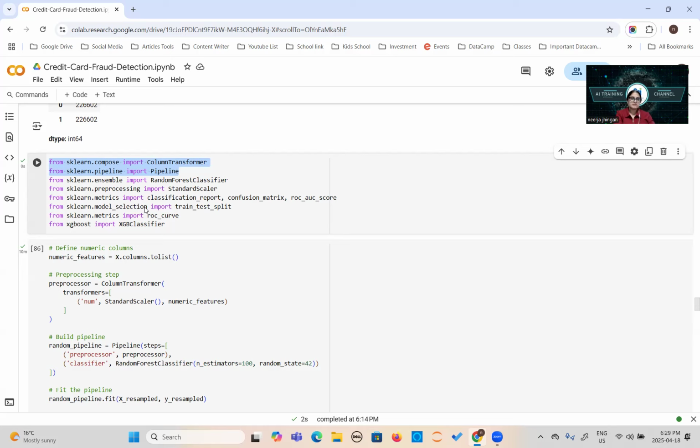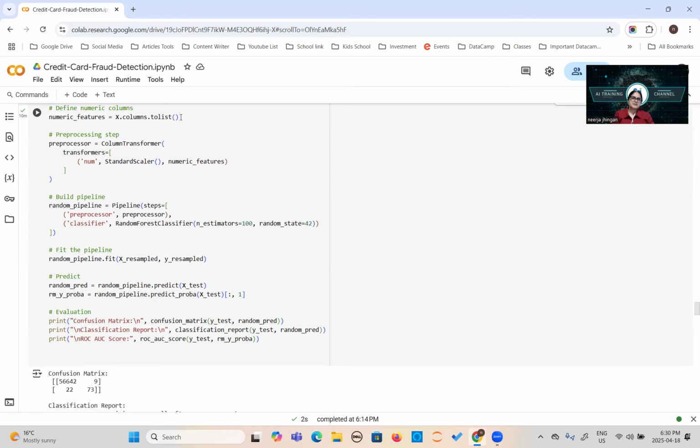Sometimes your numerical data is in different units, and it will scale them to equal units. These are all the metrics: classification report, confusion matrix, ROC AUC score, train test split, and XGB classifier. I have imported all my libraries. If you want, you can import all these libraries at the top as well.